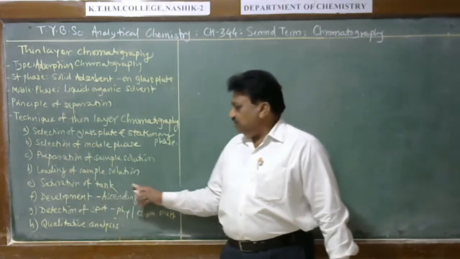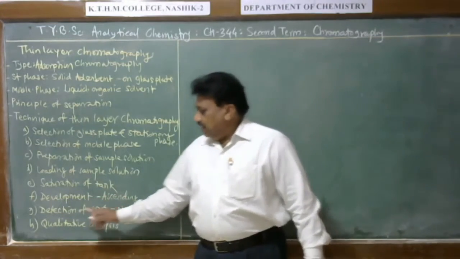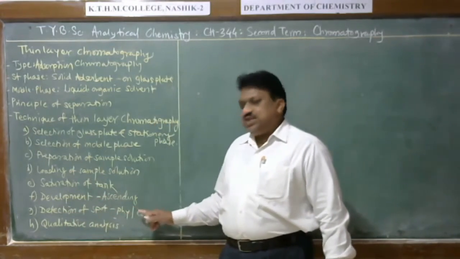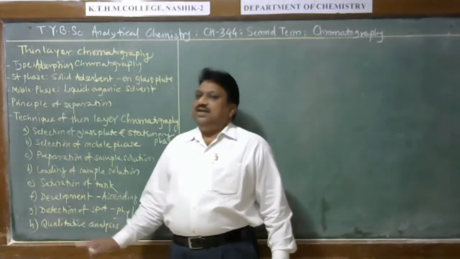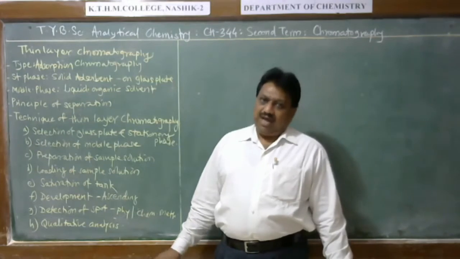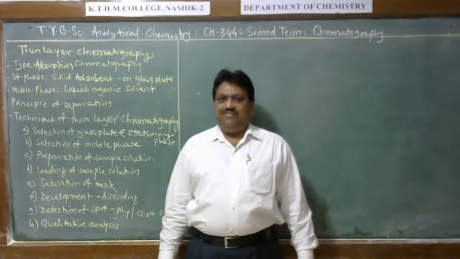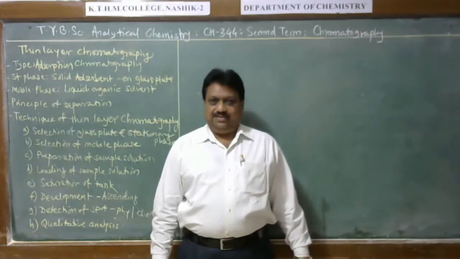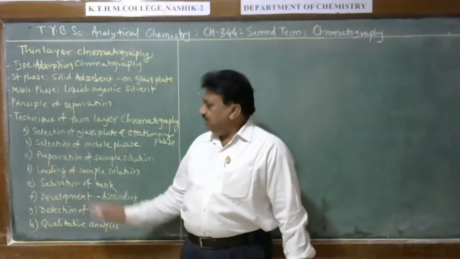Next is saturation of tank, development of the chromatoplate, then detection of separated spots by physical and chemical methods, and qualitative analysis. After that we can apply this thin layer chromatography for specific purposes. Here we can discuss each step sequentially.